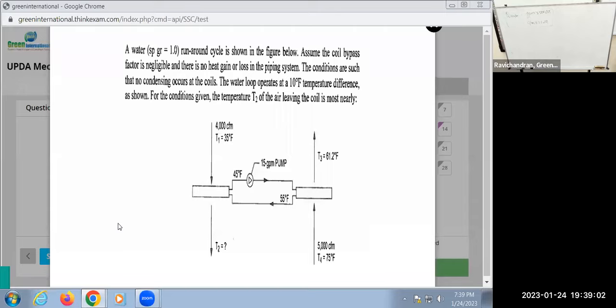So let's go to the question. A water run-around coil, assume coil bypass factor is zero. No heat is given, and conditions are such that no condensation occurs in the coil, and the water loop operates between two temperatures. Temperature differences are given.